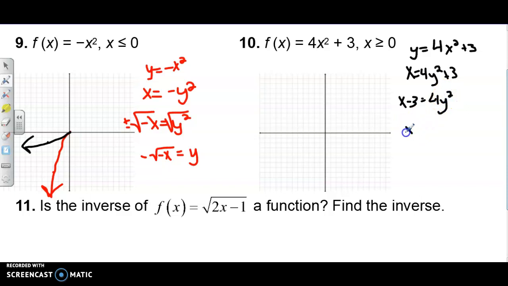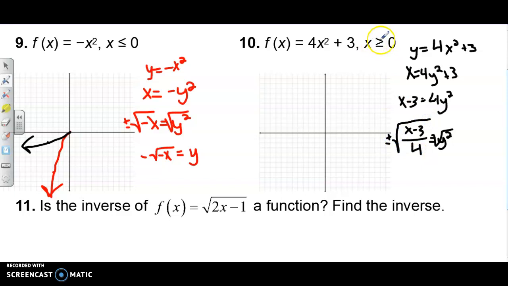Divide by 4. And then we'll take the square root of both sides. Again, we're going to have the plus or minus square root of this. We'll deal with that here.